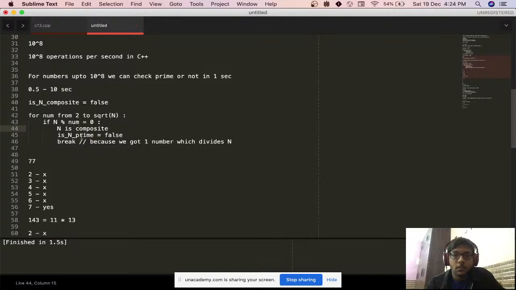If so, we say that n is composite, and is n composite equals true. This time we are checking for composite, and if it's not composite, then we can say that n is prime.